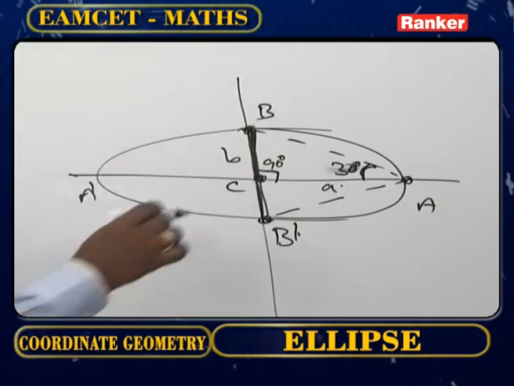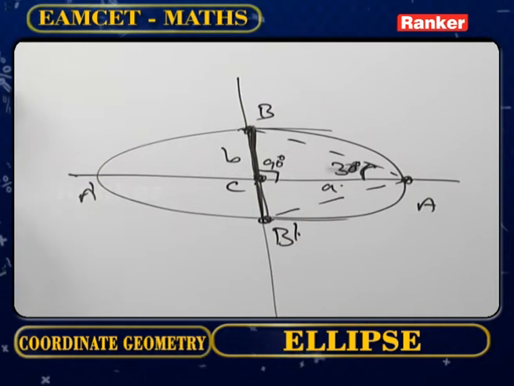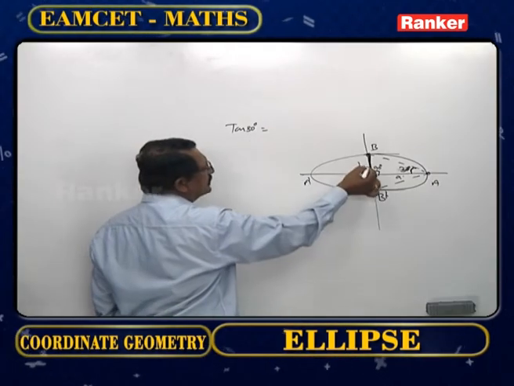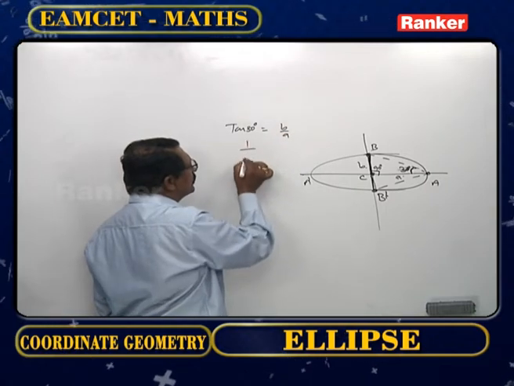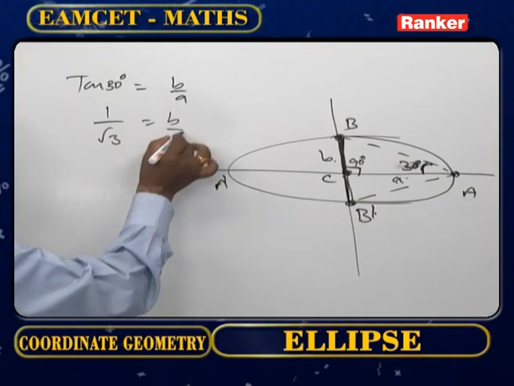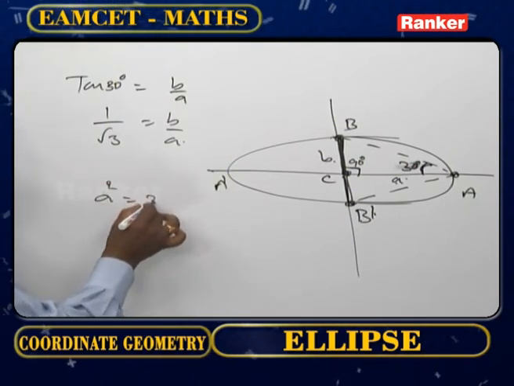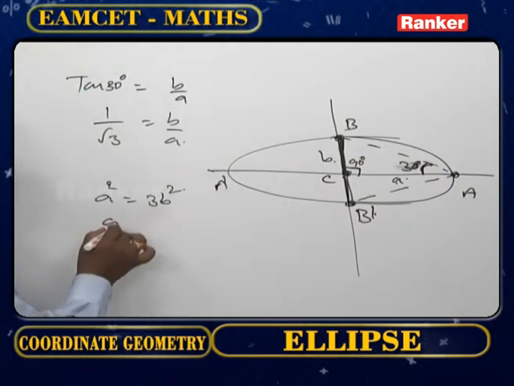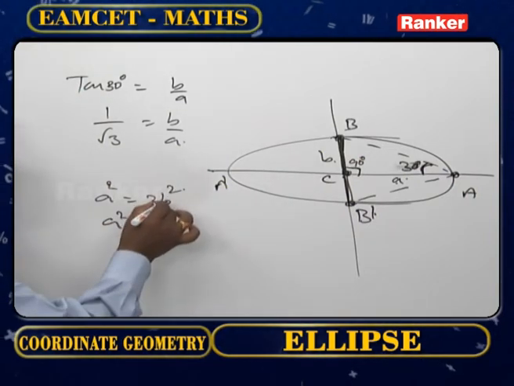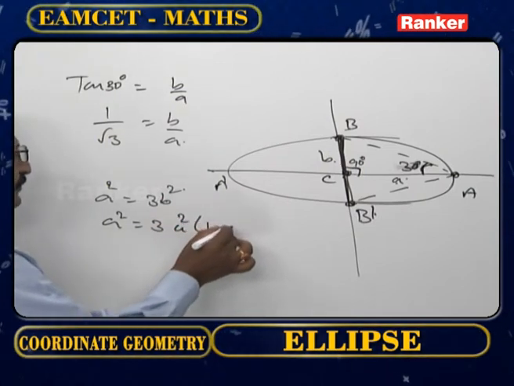Now, in triangle ACB, tan 30 degrees equals opposite side by adjacent side, b by a. But tan 30 degrees has value 1 by root 3, which equals b by a. Squaring and cross multiplying, we get a square equals 3b square. Writing b square in terms of a and e, a square equals 3 into a square into 1 minus e square.